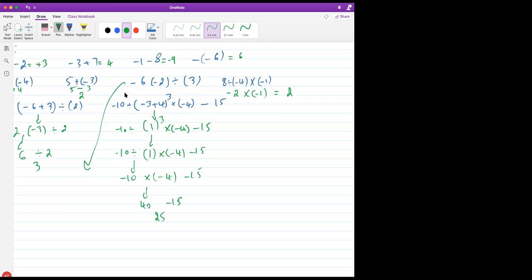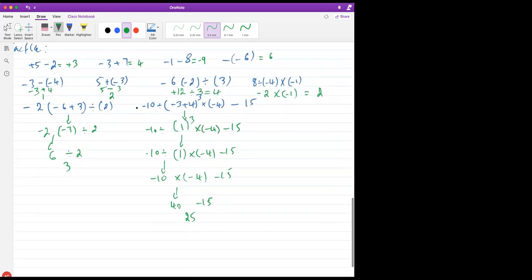What do we do first again? Multiply first. Negative 6 times negative 2 is positive 12. Divide. Positive 12 divided by 3 is 4. And that's pretty much it.